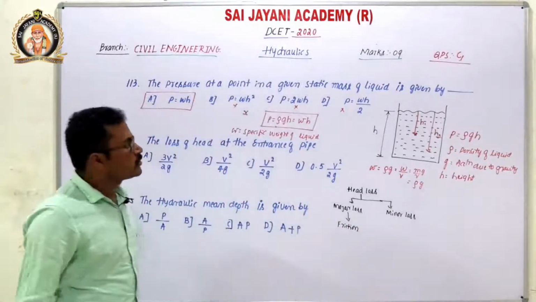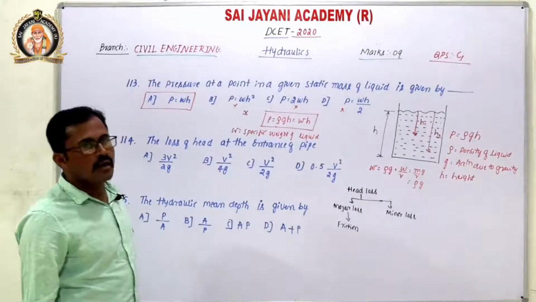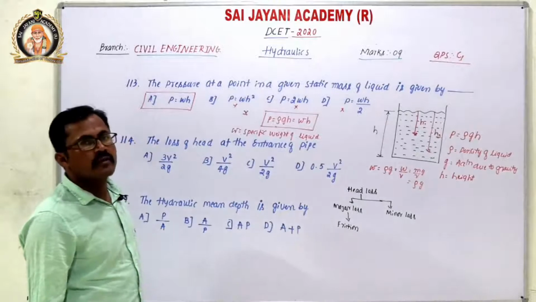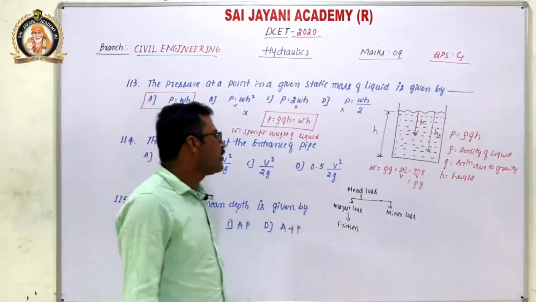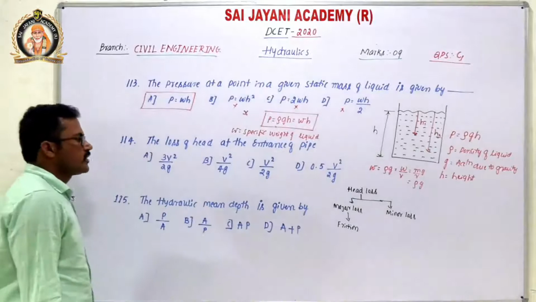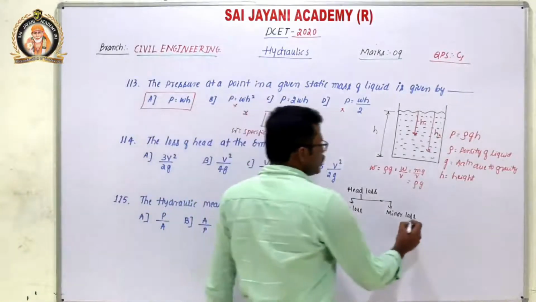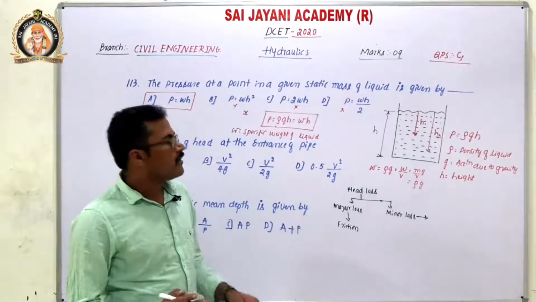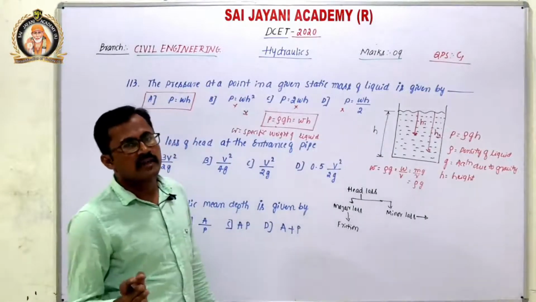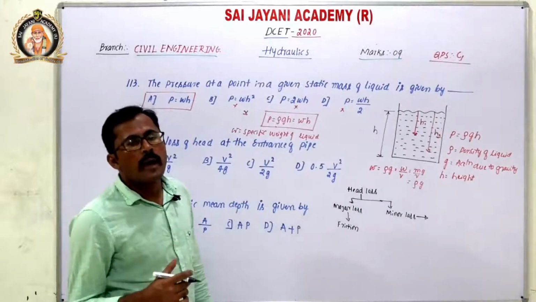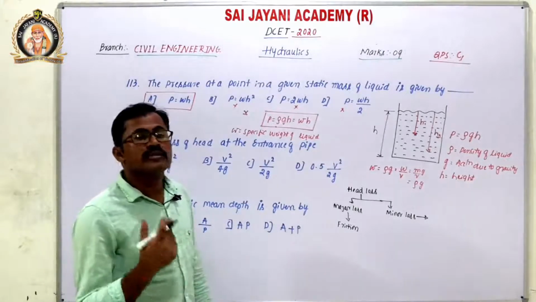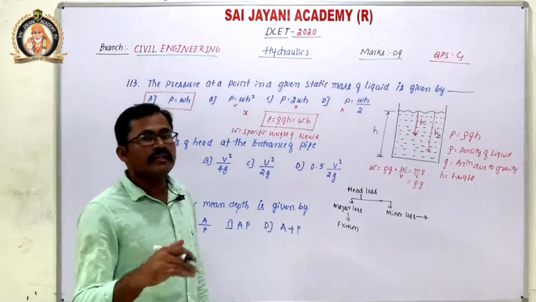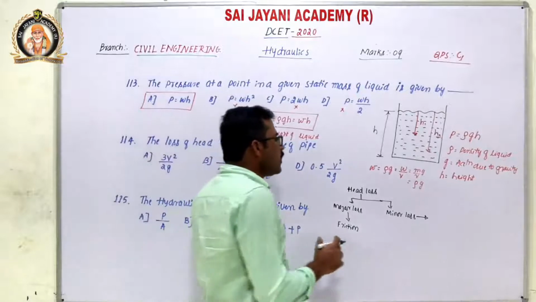We have two formulas to find the major loss or head loss due to friction, that is Darcy-Weisbach formula and Chezy's formula. Minor loss occurs due to sudden expansion of pipe, sudden contraction of pipe, at the entrance of pipe, at the exit of pipe, due to obstacles, due to disturbance in pipe, due to the bending of pipe, and due to the fittings of pipe. So these are all minor losses.